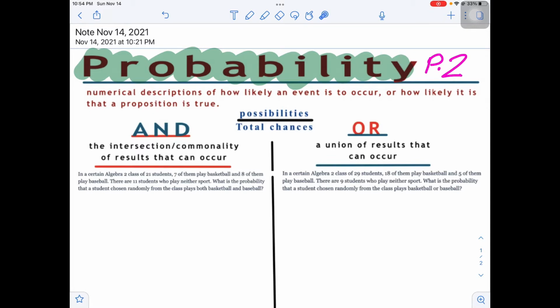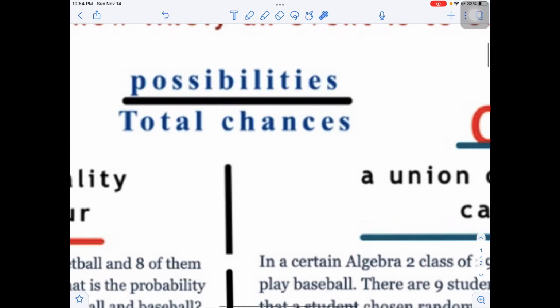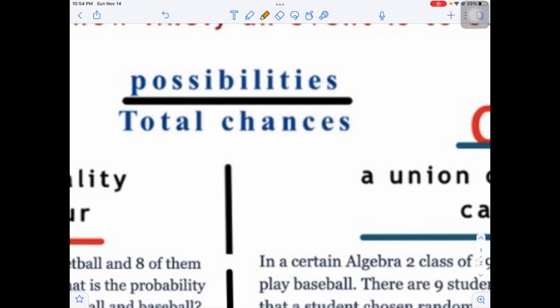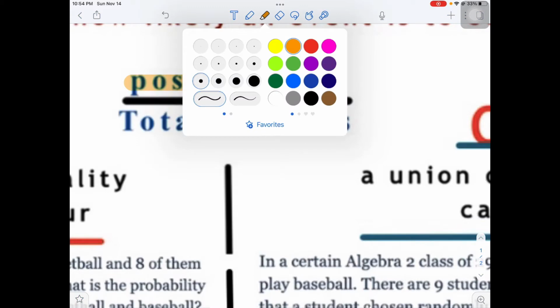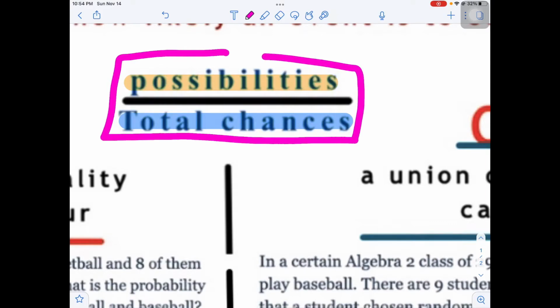We're going to remind ourselves that probability is set up as the possibilities over the total chances. And we remember that this is a fraction. Probability is set up as a fraction, okay?